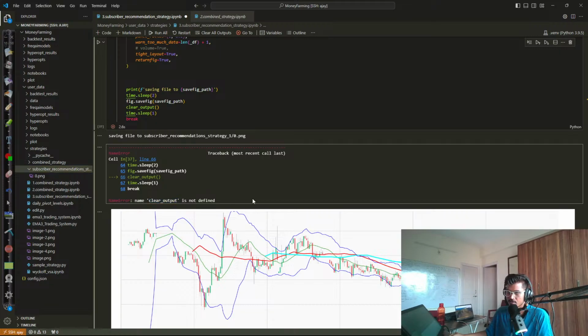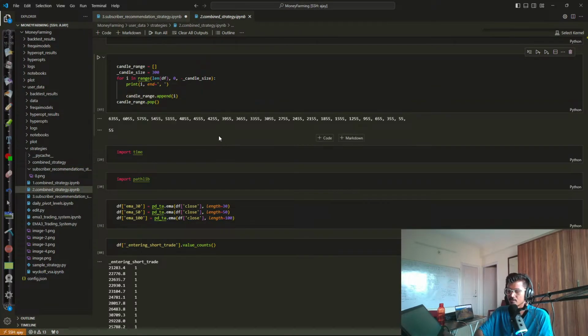Clear output is not defined, so clear output, no.